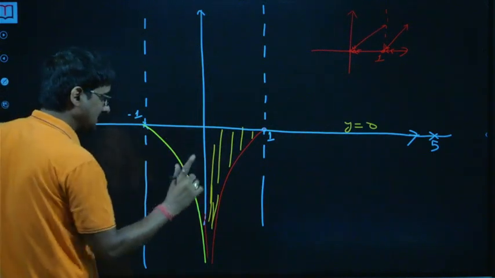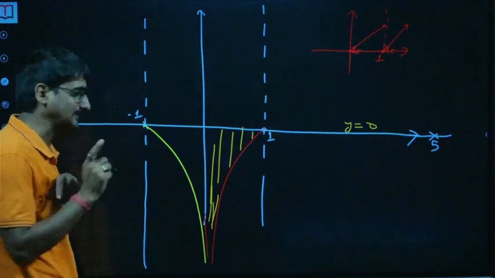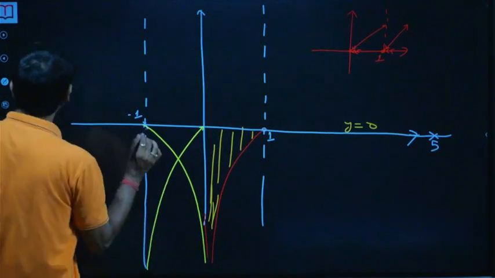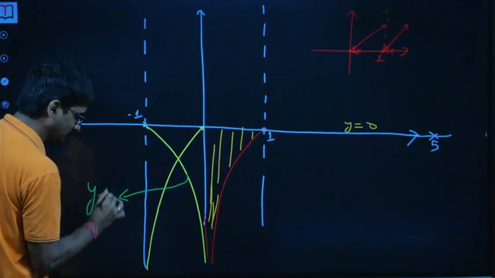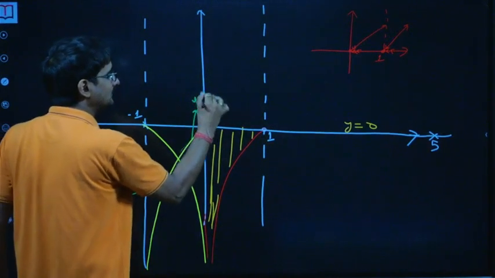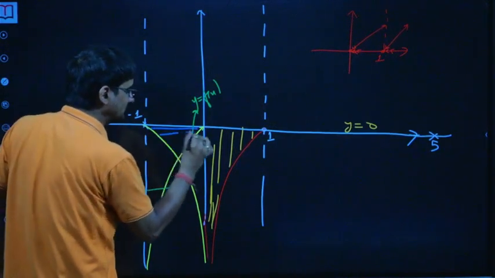But then, area bounded by y is equal to f(x) and y is equal to f(mod x) and the x-axis. In that case we will keep this one also. This one is y is equal to f of mod x portion, and this is of course y is equal to f(x). Now see, on the left side the portion is this region.